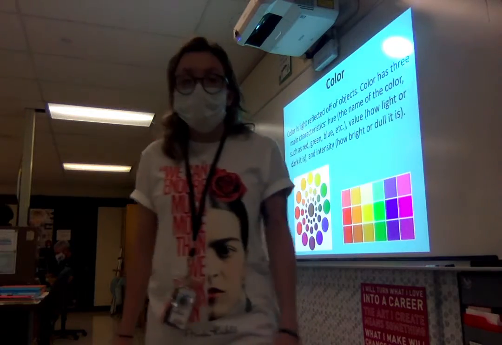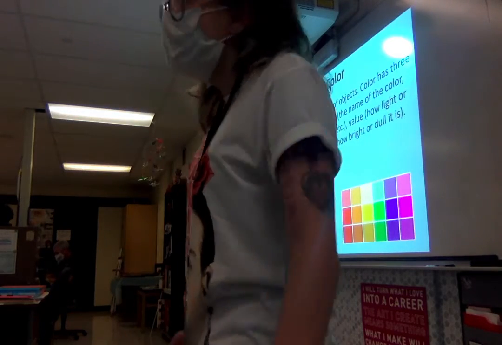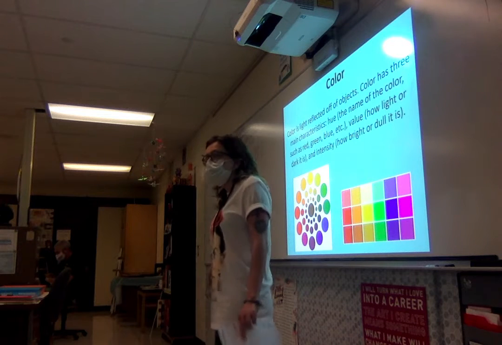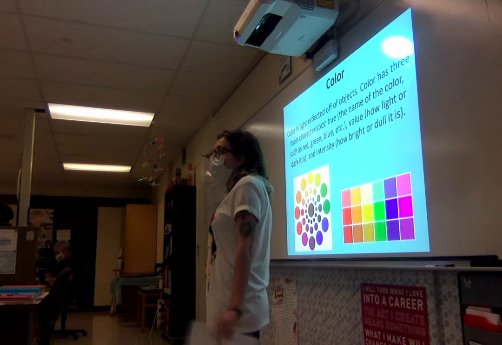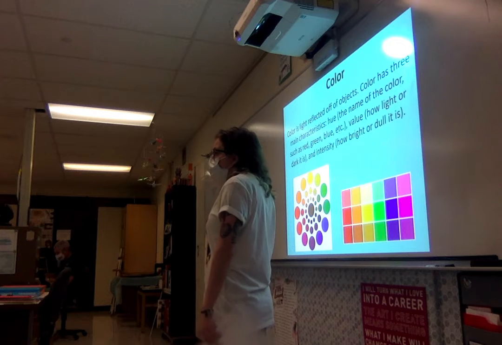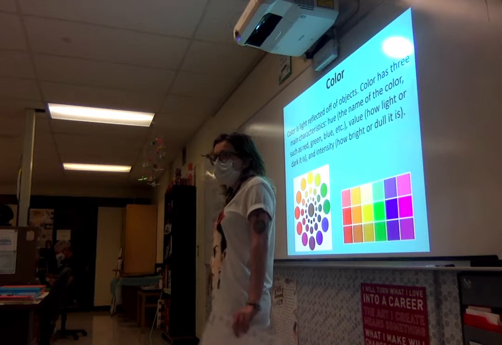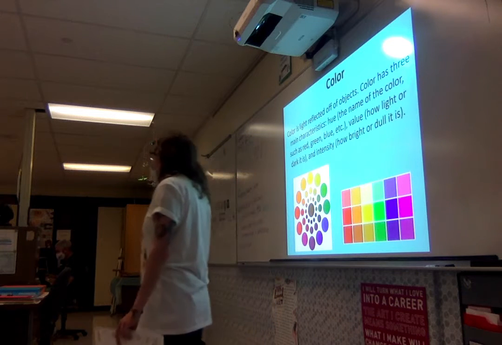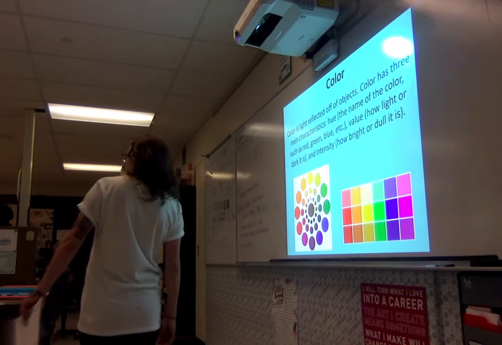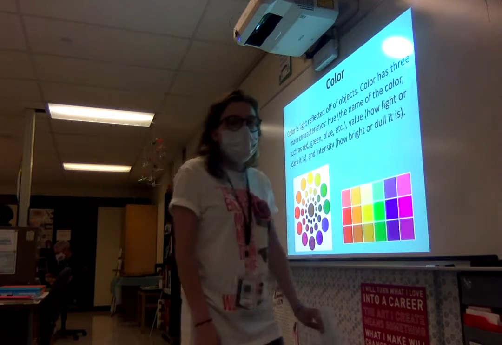There's no specific order they have to be in. And I would prefer this to be done with colored pencil. So if you don't have that certain color, borrow from a neighboring table or use your own if you have any. Give you guys another second with that.